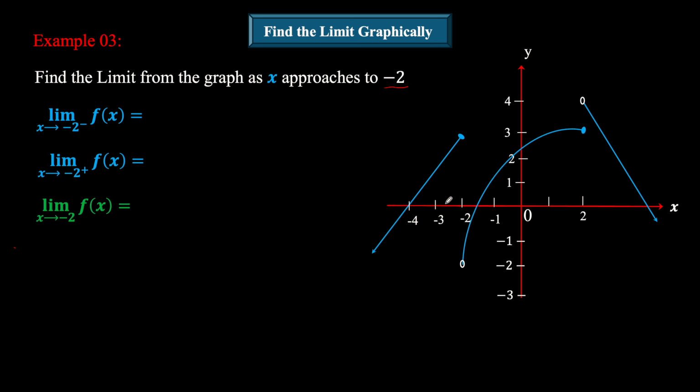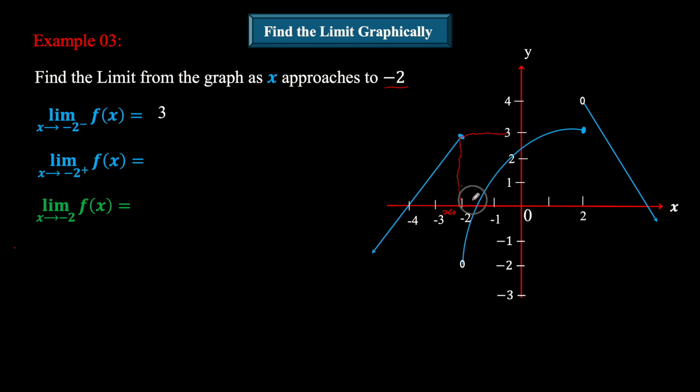So as x approaches number minus 2 from the left side, downward we don't have any point, but if we move upward, we see that f of x approaches number 3, right? So the limit as x approaches minus 2 from the left, f of x is equal to number 3.